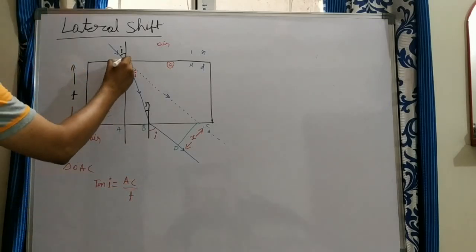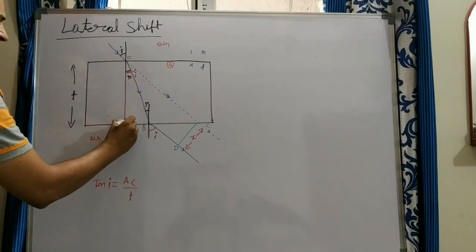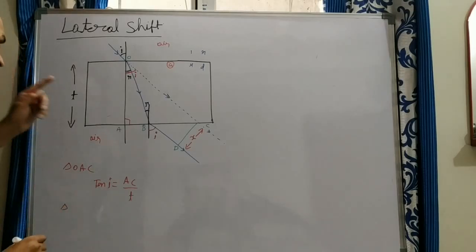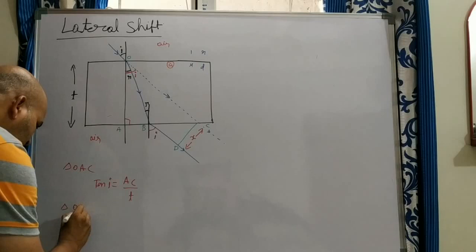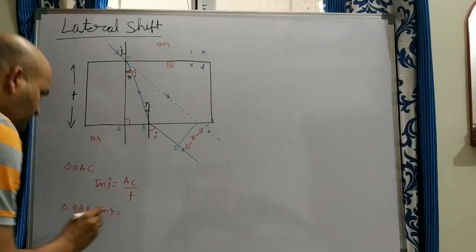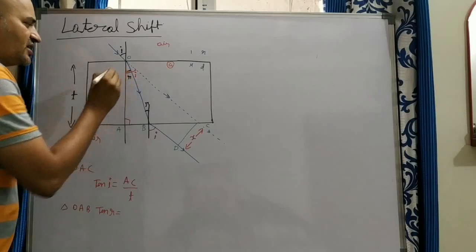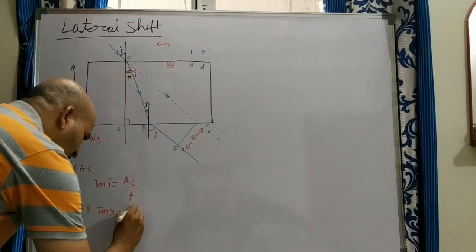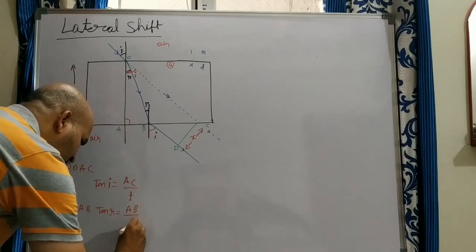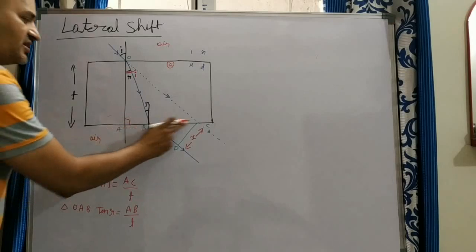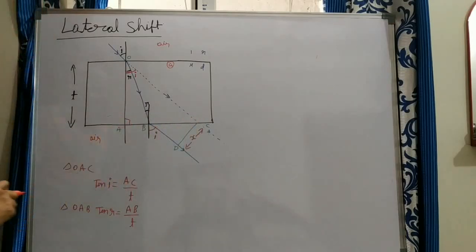Similarly, using the smaller right angle triangle OAB, tan R is equal to opposite AB by OA, and OA is T. First we calculate BC, and after that we can calculate x.